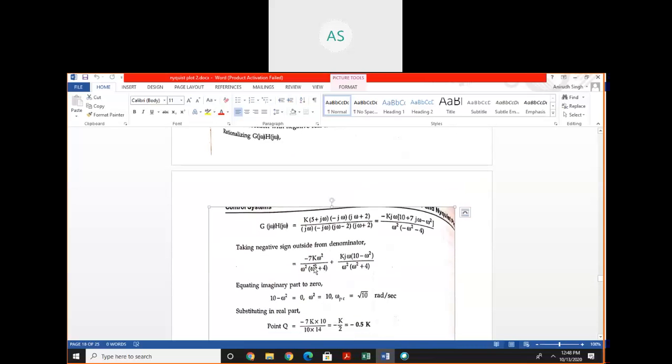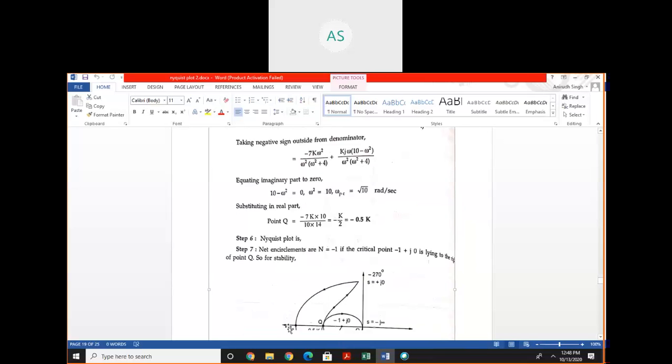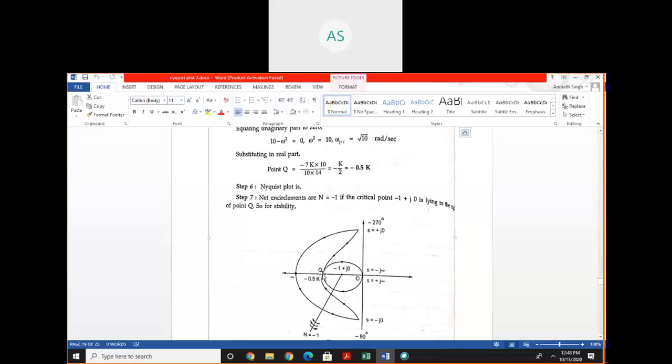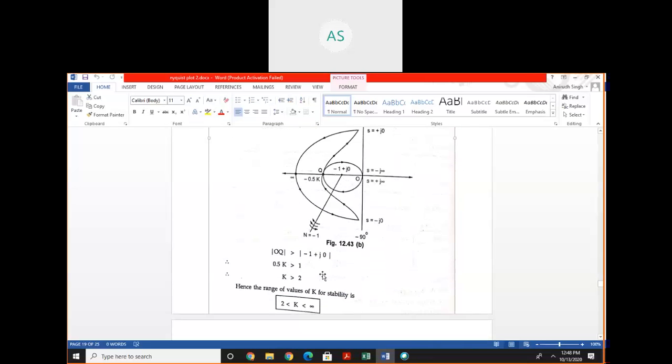So the total angle of rotation is 180 degrees anti-clockwise rotation. So minus 1 plus j0 is encircled by clockwise, first clockwise, second clockwise, meaning minus 1, minus 2, and this is anti-clockwise plus 1. It means N is equal to minus 1.